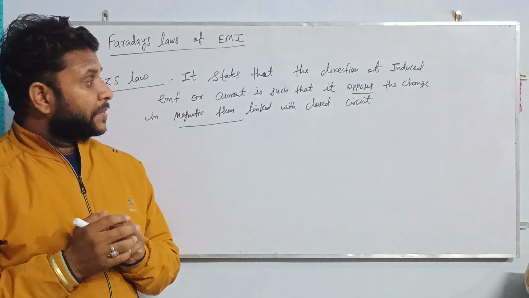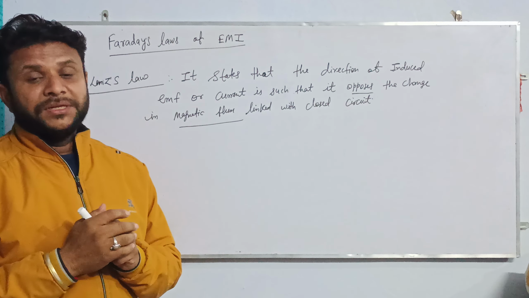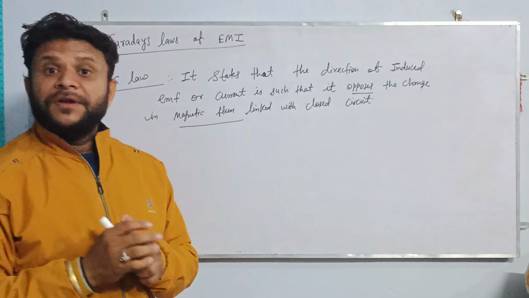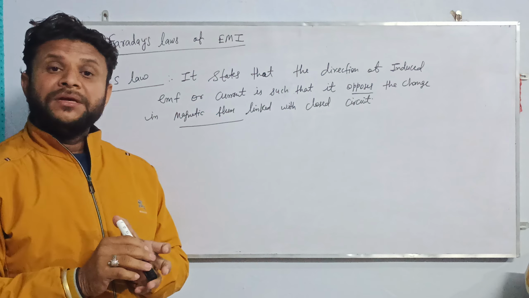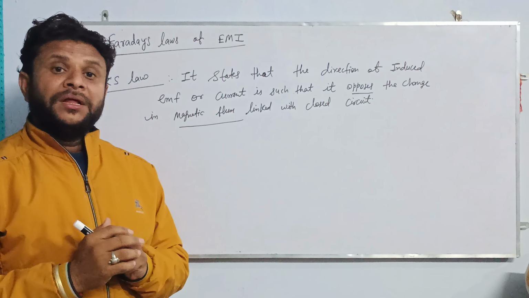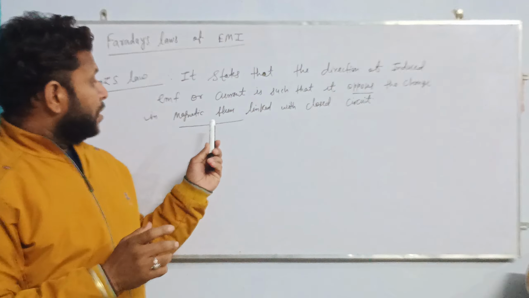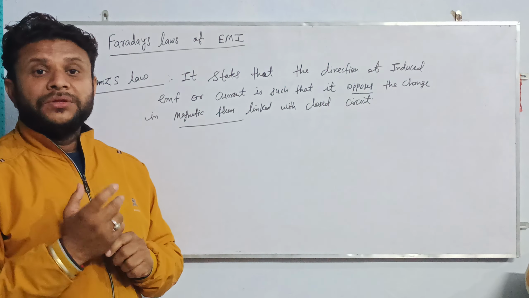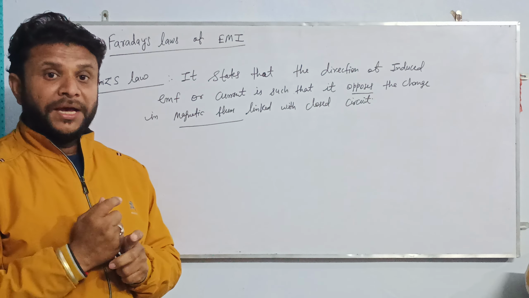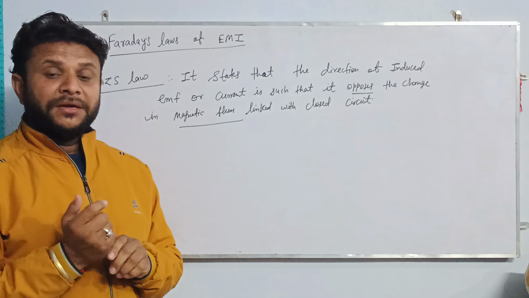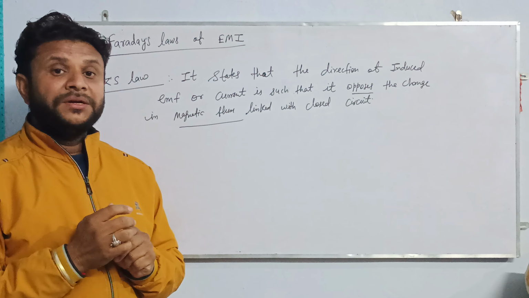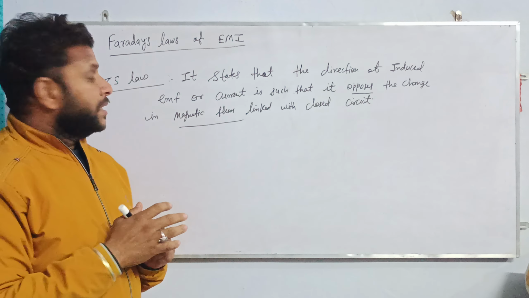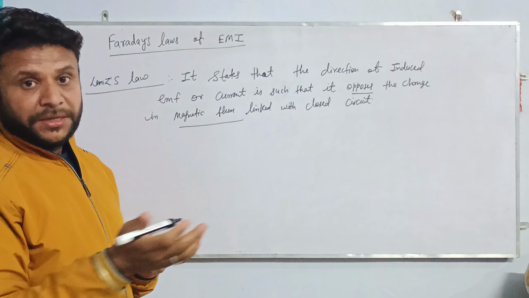In other words, if magnetic flux is increasing, then according to Lenz's law, the direction of the induced current is such that the magnetic flux should be decreased. Let us see by an example.